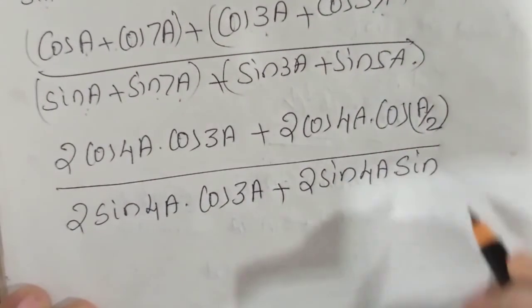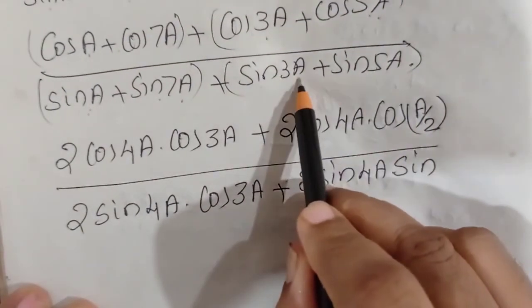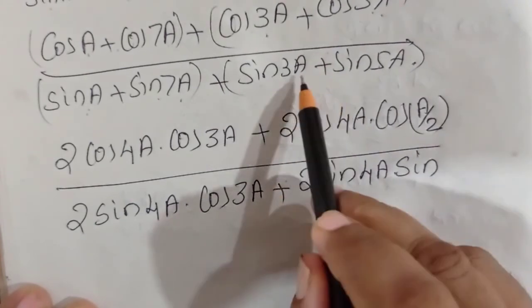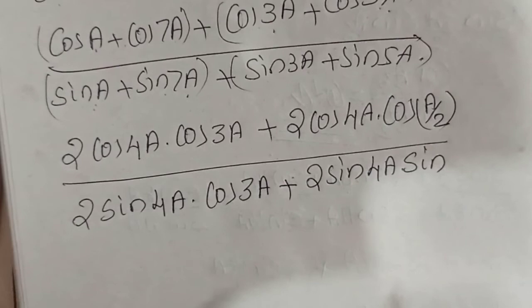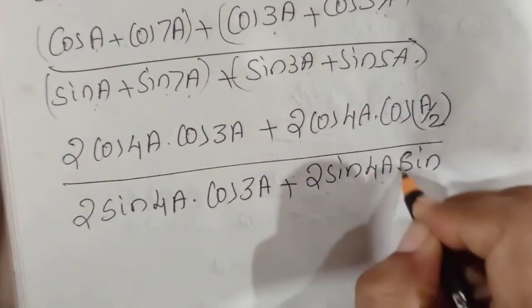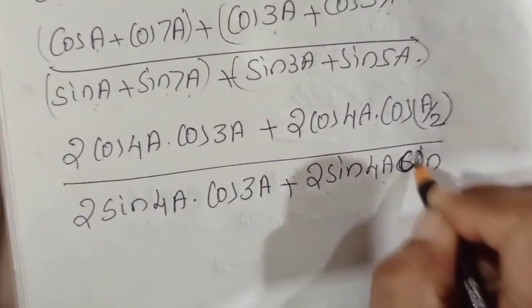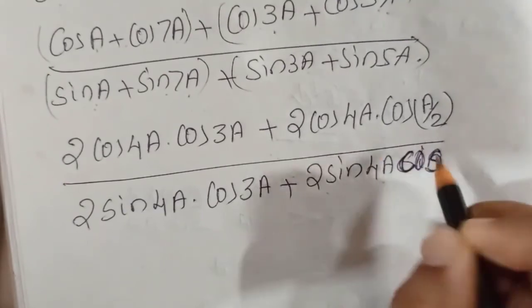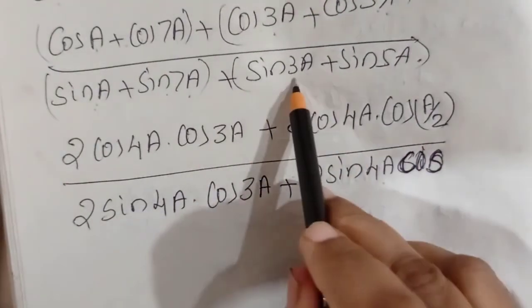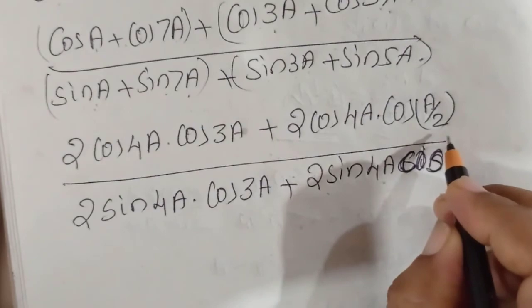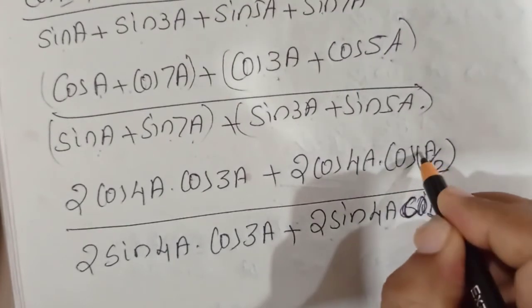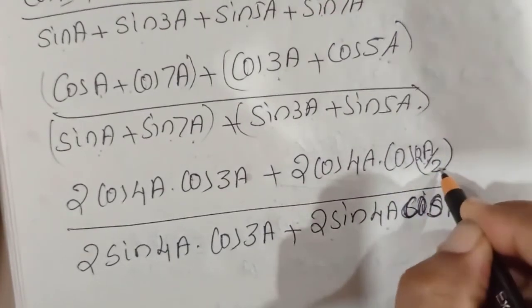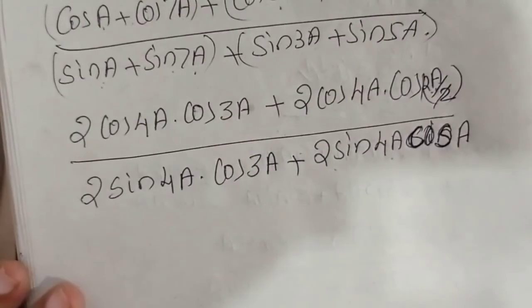Then cos of 5A minus 3A, 2A, 2A by 2 is A.